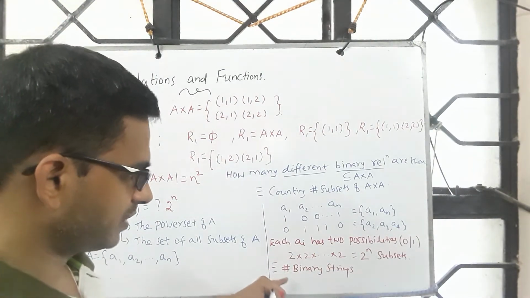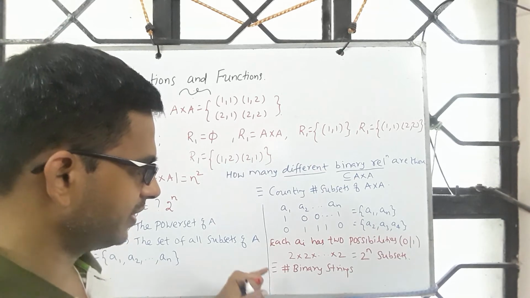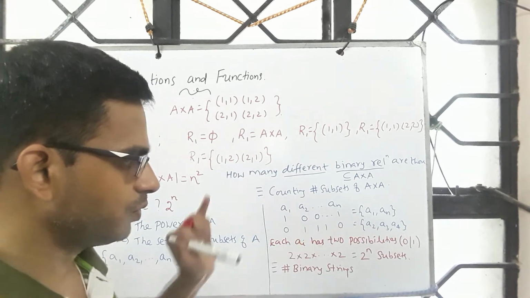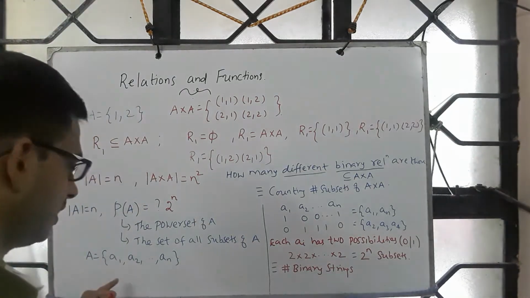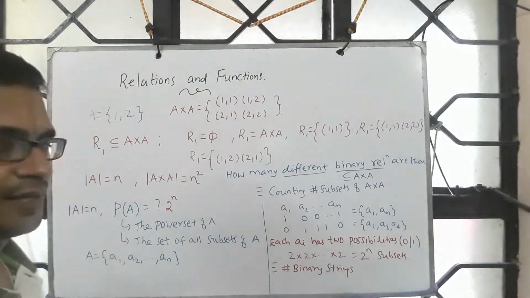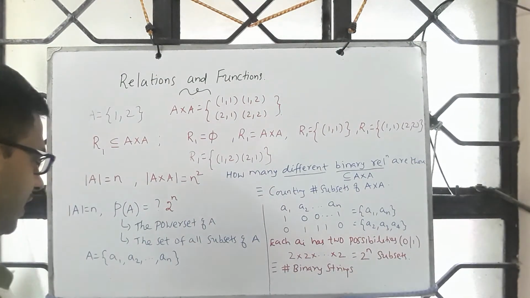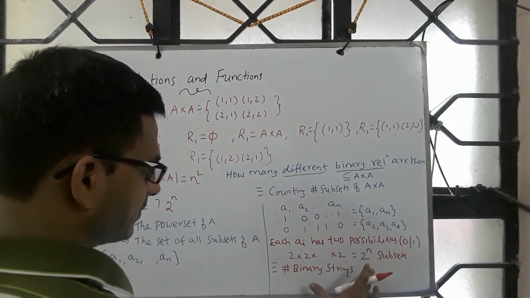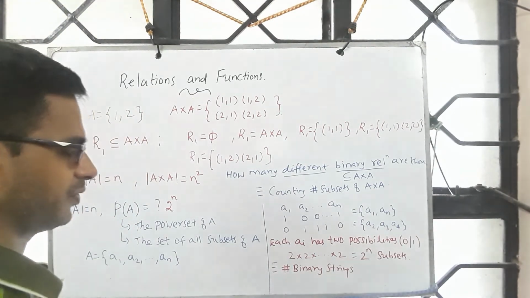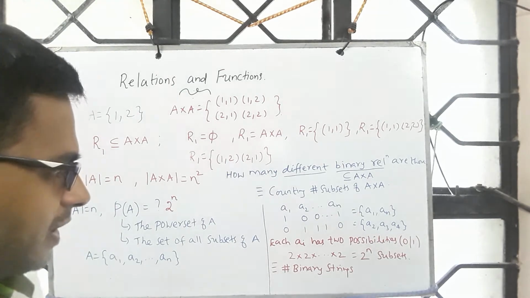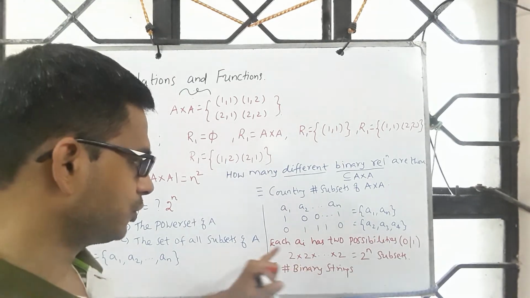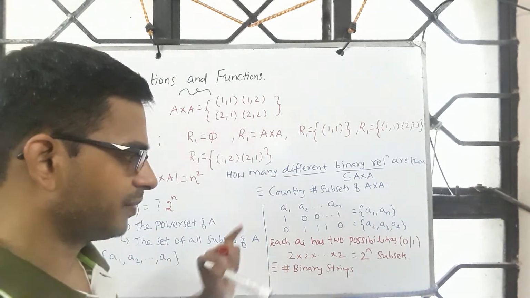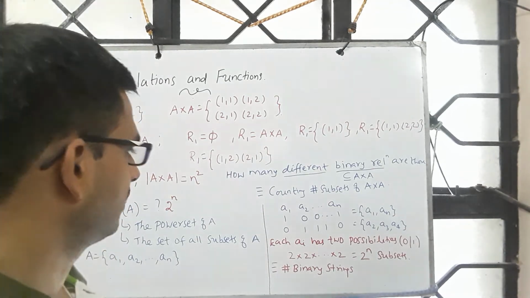That is equivalent to listing all possible binary strings. Each binary string corresponds to one subset in A. So if there are n elements, then the number of subsets, or the power set, is 2 power n. We have given a direct proof. One can also prove this using mathematical induction.